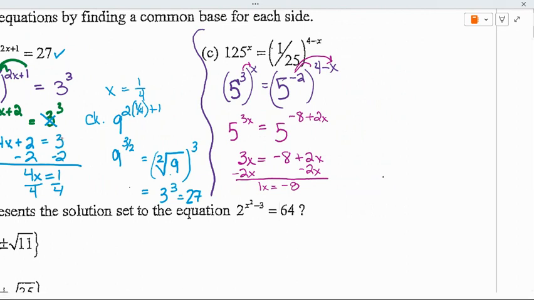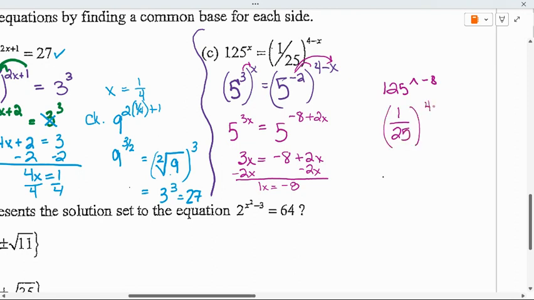So calculator bunny, I want someone to take 125 to the power of -8. And I want someone to take the fraction 1 over 25 to the power of 4 plus 8, because minus a negative makes it a positive. So 2 people, grab a calculator and go. And turn them into decimals. Turn your answers into fractions.